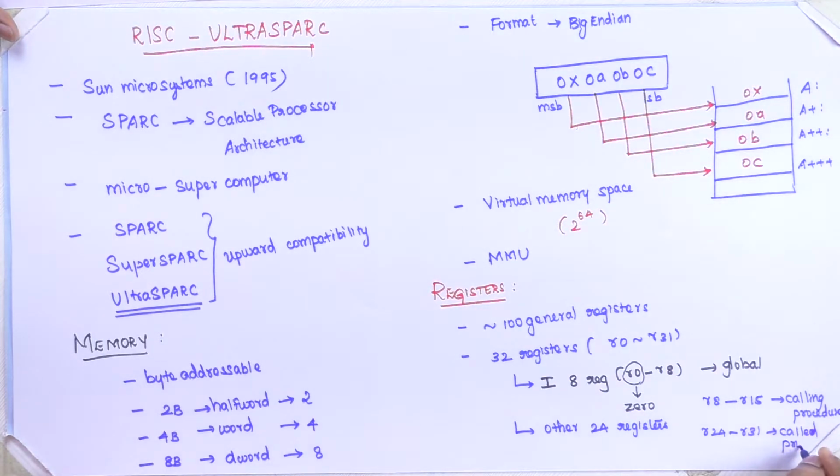Both of these register sets will contain the same data, but during procedure call and procedure definition, we may use different kinds of attributes. To hold those attributes, we use different registers. So R8 to R15 will contain the variables of the calling procedure, and R24 to R31 will contain the data of the called procedure.